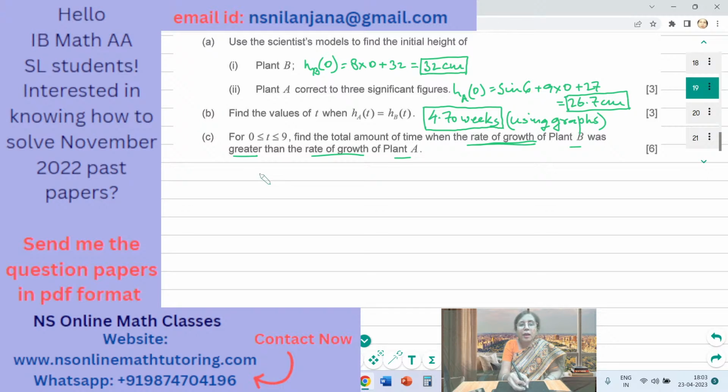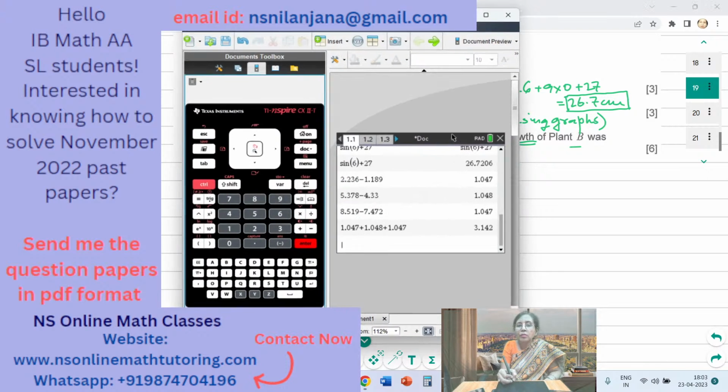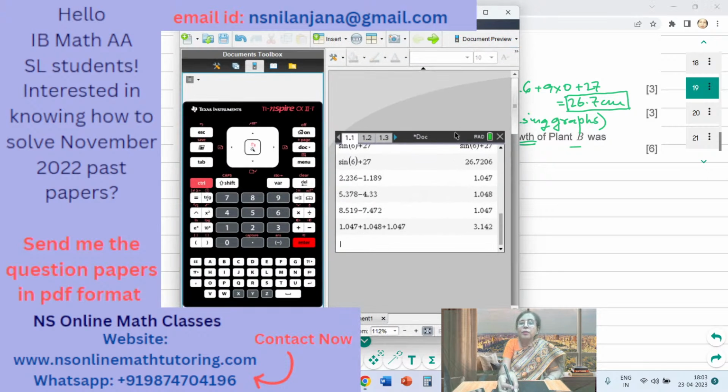So using graphs, total time equal to 3.14 weeks.